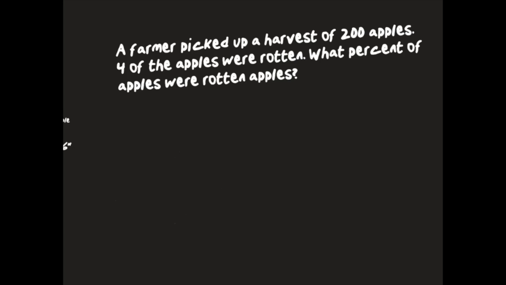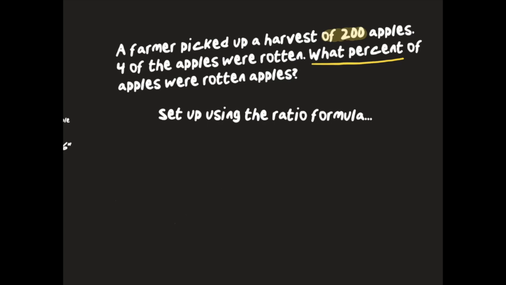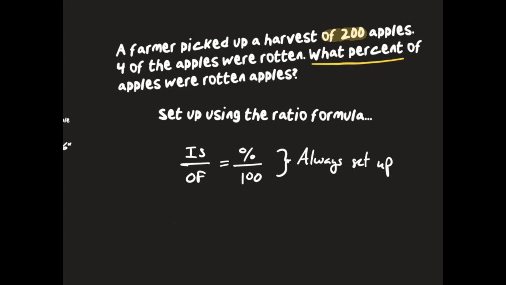A farmer picked up a harvest of 200 apples. 4 of the apples were rotten. What percent of apples were rotten apples? We must first set up the ratio formula. It says a farmer picked up a harvest of 200 apples.